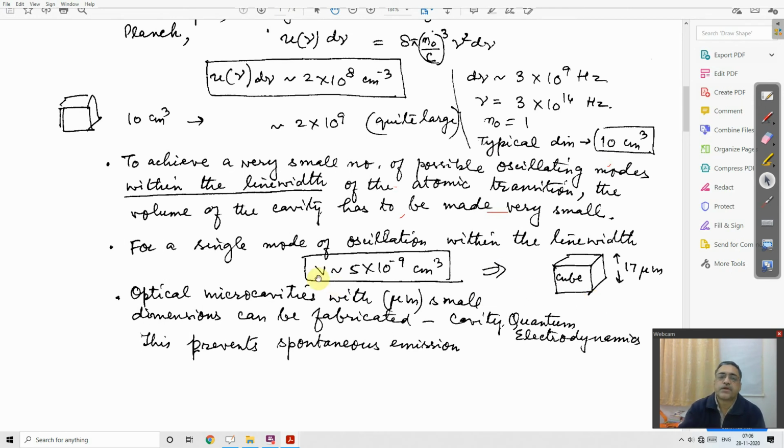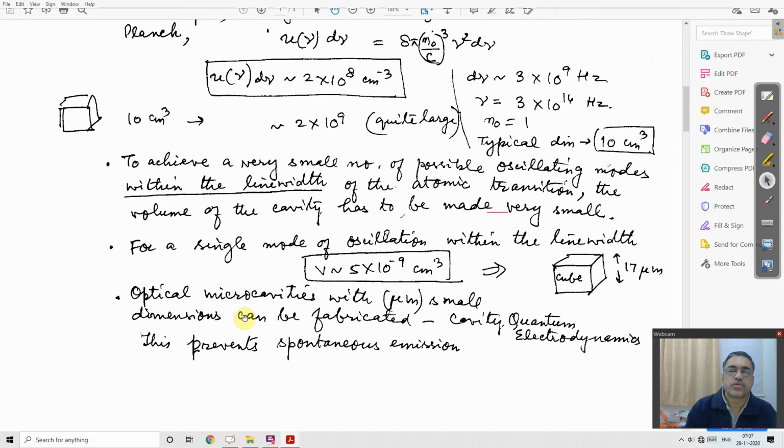If we take the volume as 5 into 10 to the power minus 9 centimeter cube, and we have dimensions of 17 micrometer, then the volume comes out to be 17 cube, approximately this.